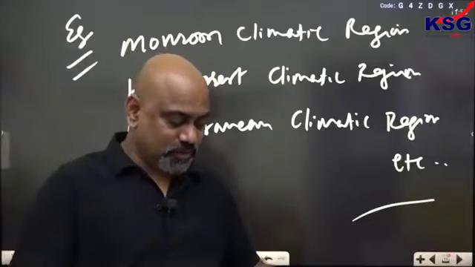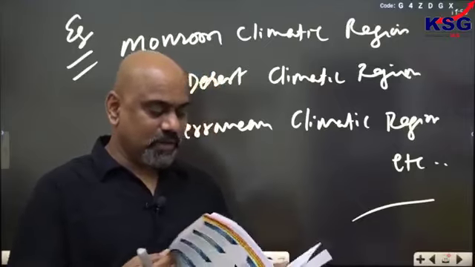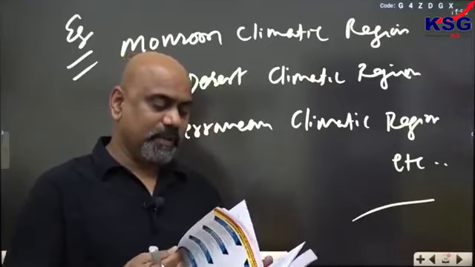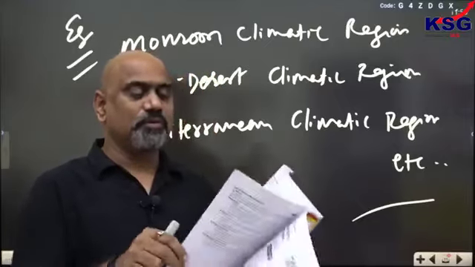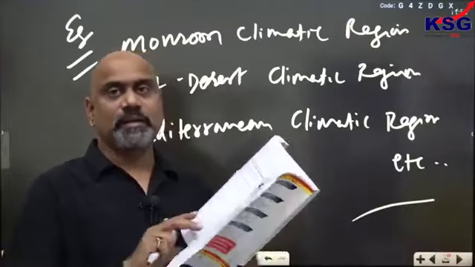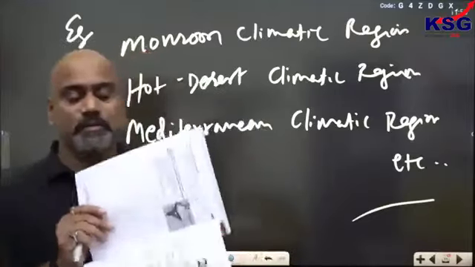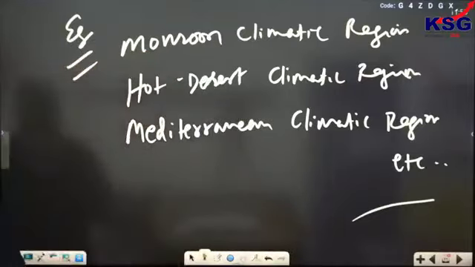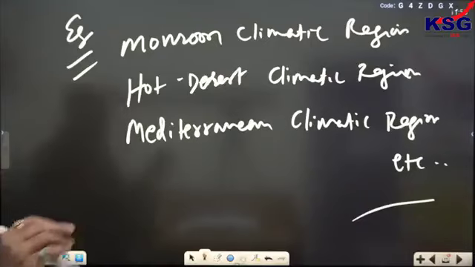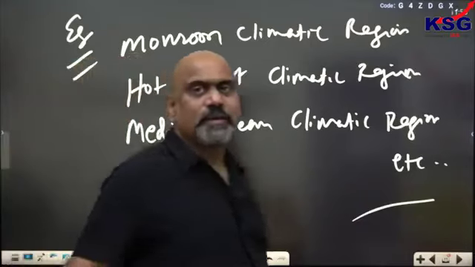If not, you have to study this chapter number 29 from this booklet which we have supplied to you. Or you can see the G.C. Leong book for these particular regions. Okay, fine.